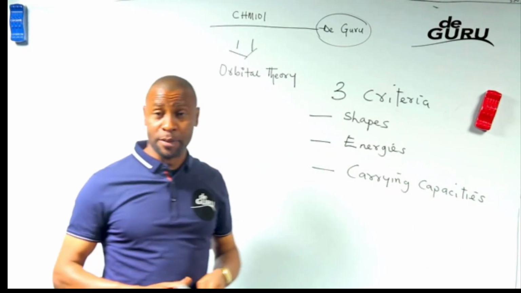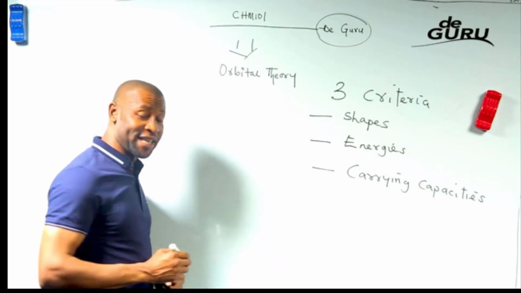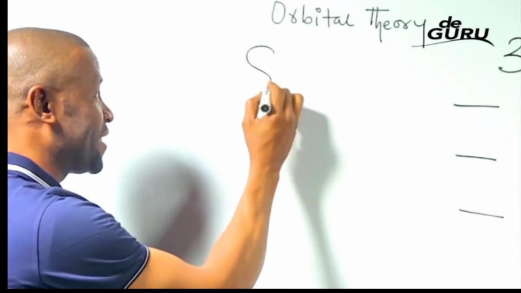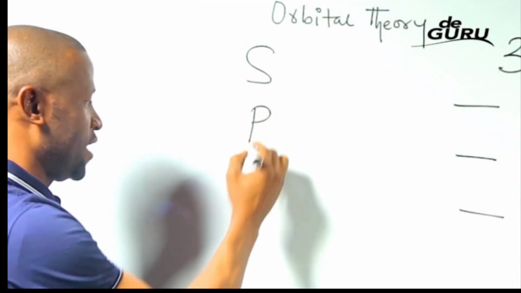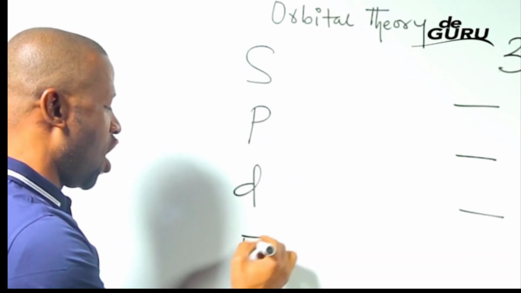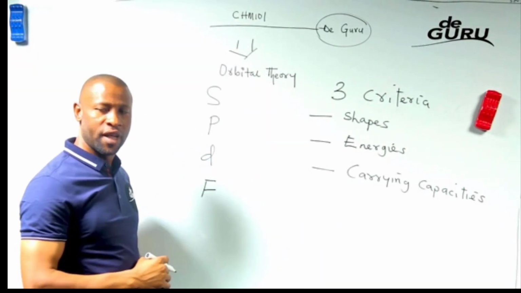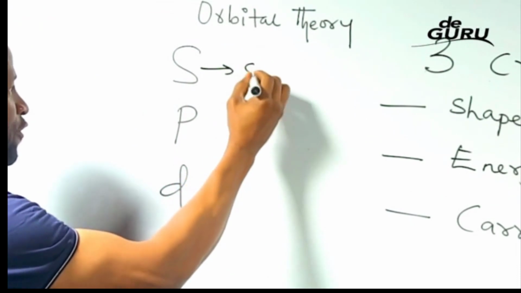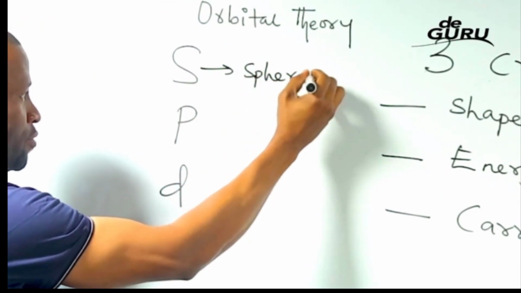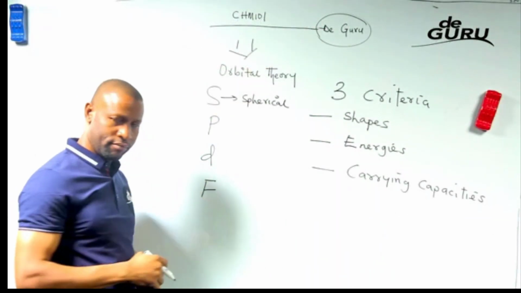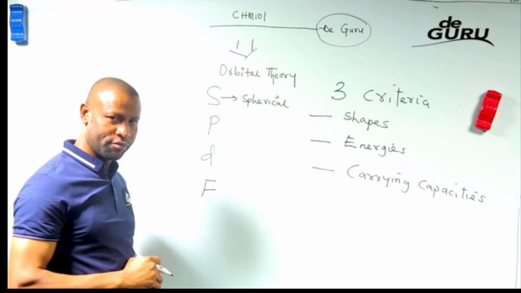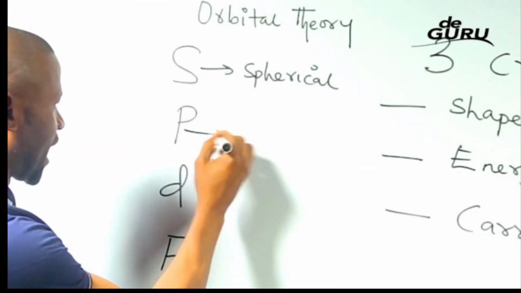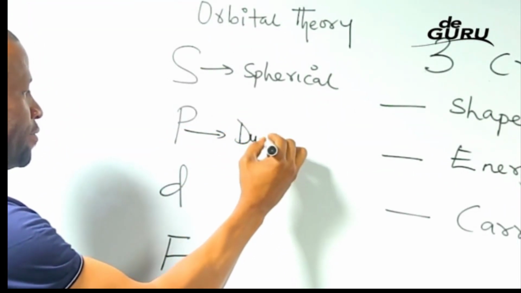Now, based on shapes, we can classify these orbitals as S, P, D, or F. The S orbital is spherical in shape. The p orbital is dumbbell.